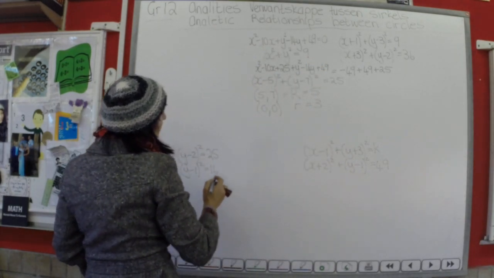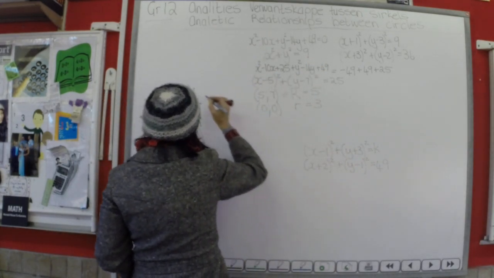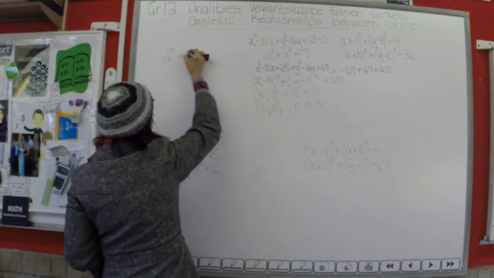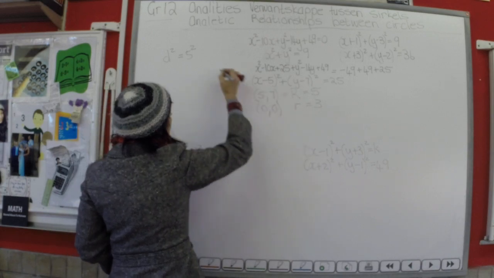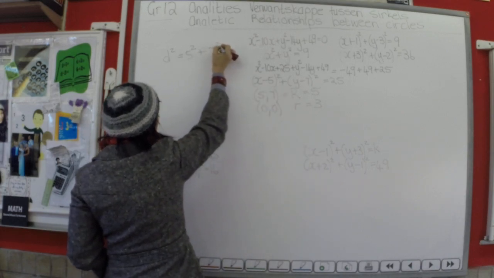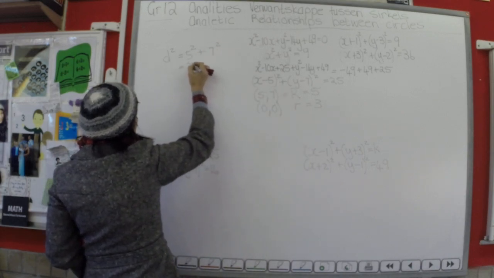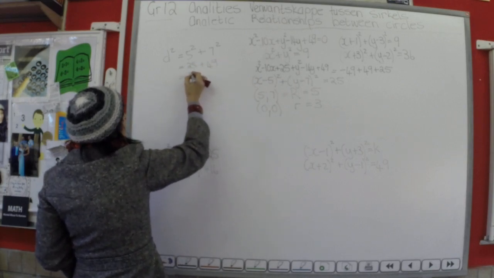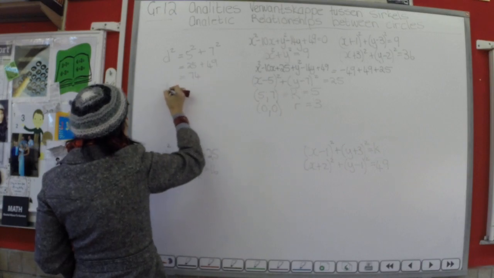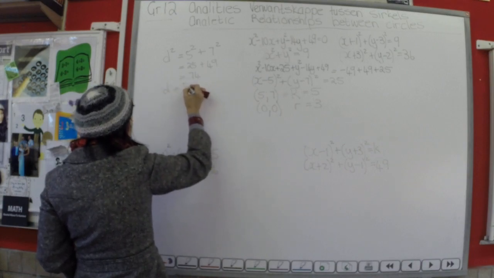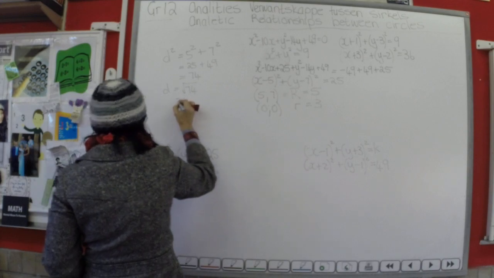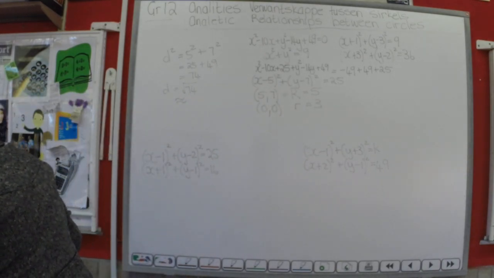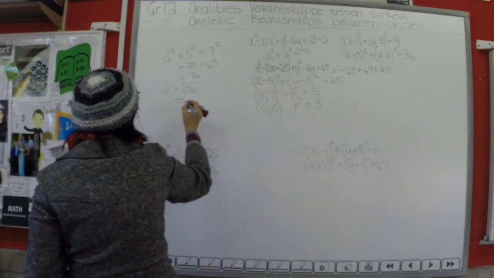So kom ons gaan kyk nou na die afstand tussen die twee punte. Die afstand tussen die twee punte is d² is gelyk aan (x minus x is 5) kwadraat, plus (y minus y is 7) kwadraat, dit gee vir ons 25 plus 49, and that's going to be 74. So the distance between the two midpoints is the root of 74, and if you work that out on your calculator, you will see that that equals 8,60.